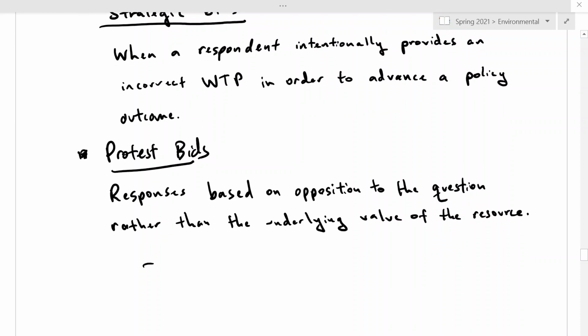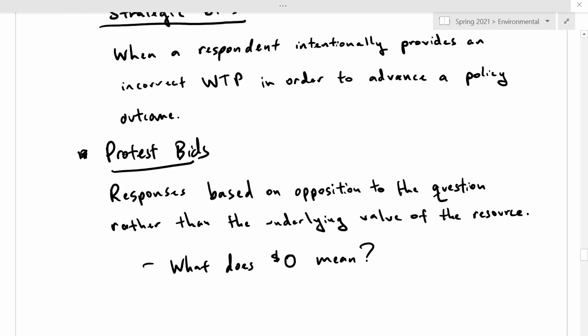And in general, we could ask, what does 0 mean? It could mean that I truly place 0 value on wetland protection. It could mean I just oppose taxes and I disagree with the question in the first place.